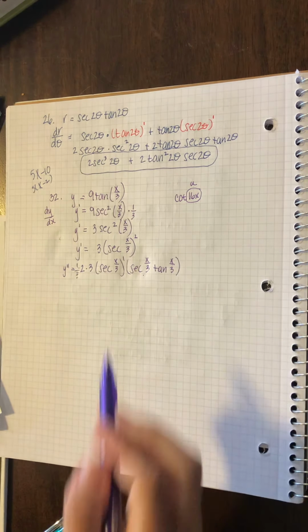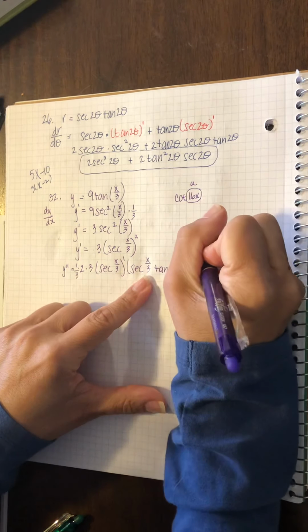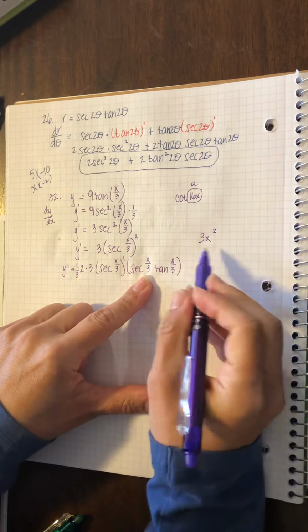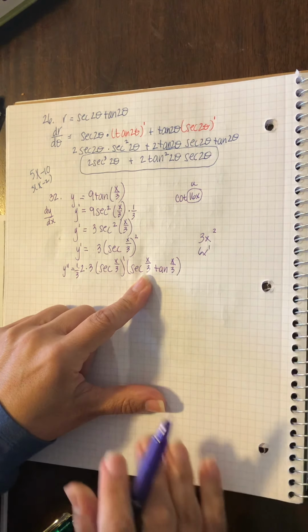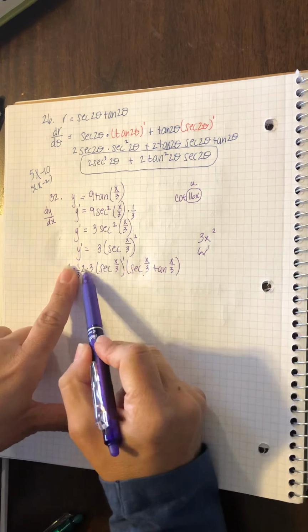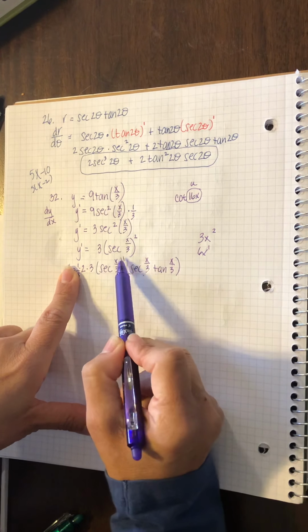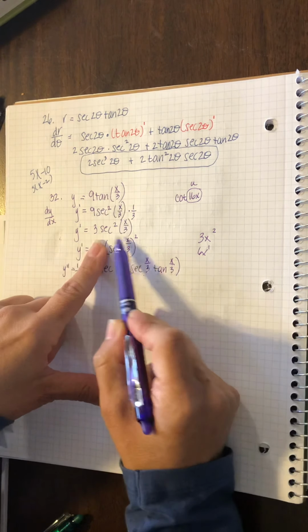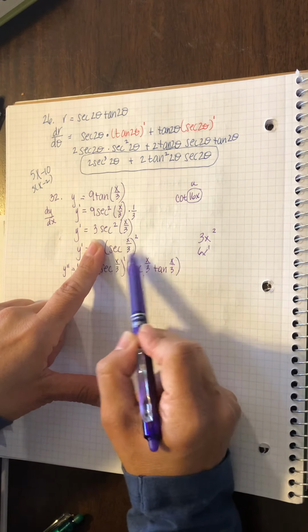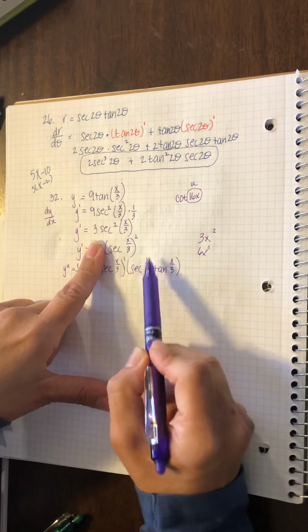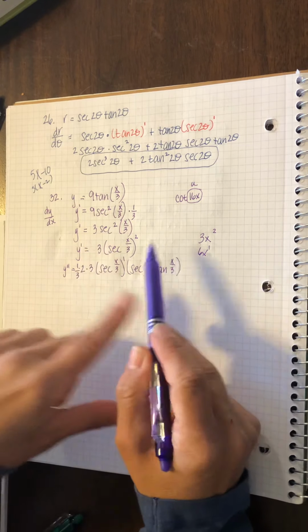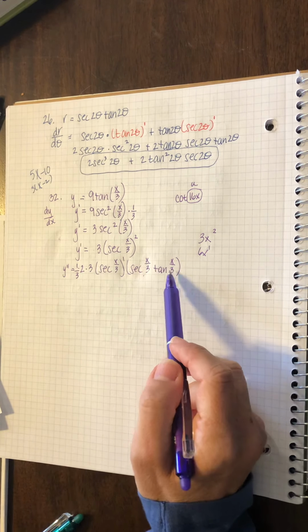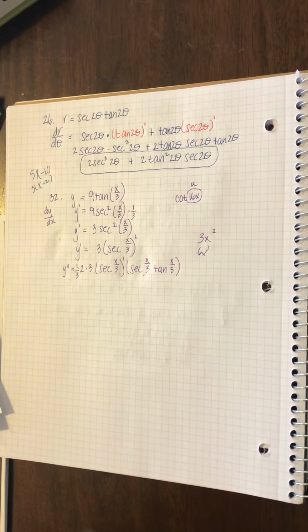Okay, so let me step through that again. Chain rule. 3x squared. Chain rule, 2 times 3 is 6, and then you make it x to the first. So that's where this came from. 6, this is my big fat x to the first. Now take the derivative of what's inside. So now the derivative of what's inside is secant tangent, x over 3. And then I had to take the derivative of x over 3, which is a third.